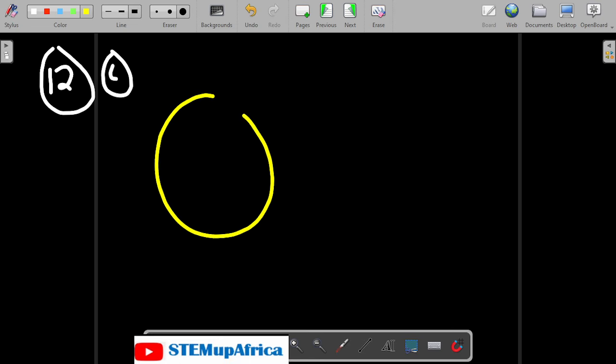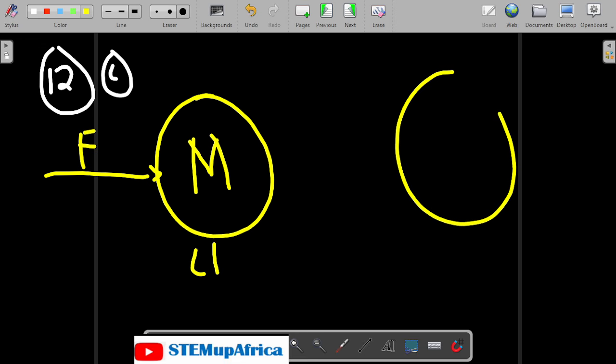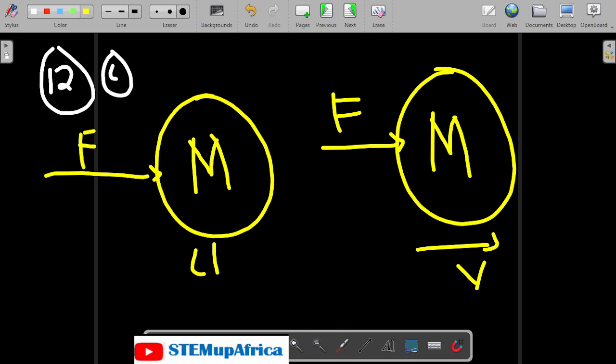Let's say this is the object, it has a mass m, and a force is applied to it, which is F. The object moves and we now have our V. It will take time to move from here to here. Here is 0 and here is t.